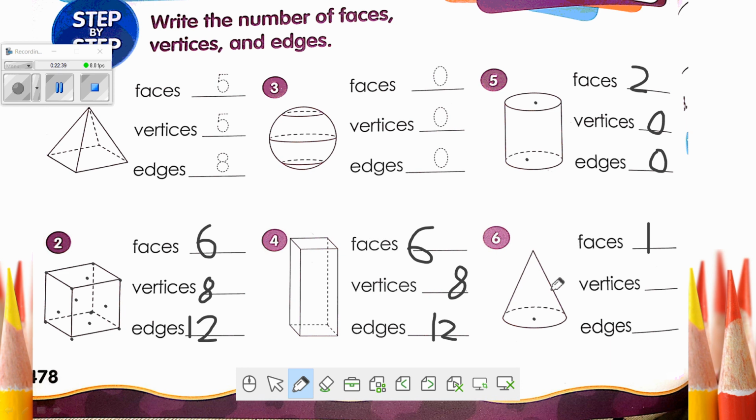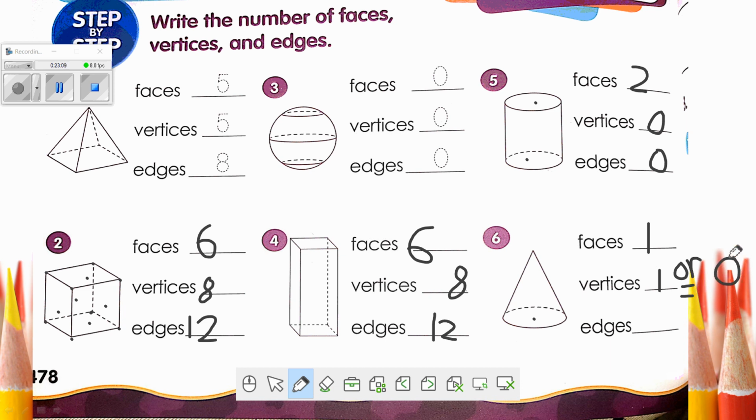Because this one is not an edge and this one is not an edge, so we don't have edges, we cannot call that a vertex. But if you write 1, it is correct, or 0.